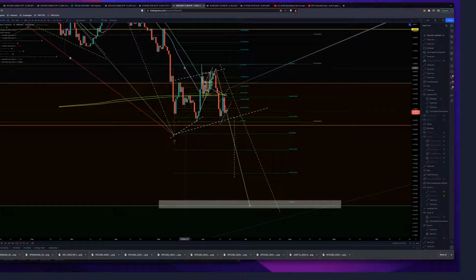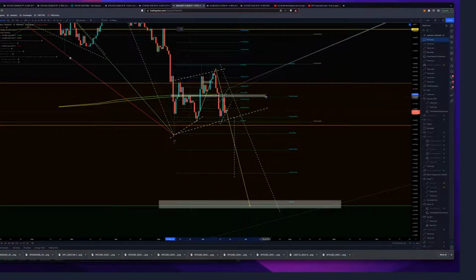Okay, so what's this one? I don't need that at the moment, short term. So yeah, that makes plenty of sense as to why we find that level of significance. So this is going to be definitely a strong resistance if we were to get the bounce.